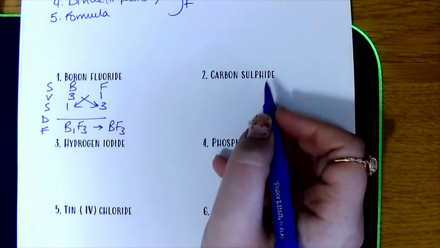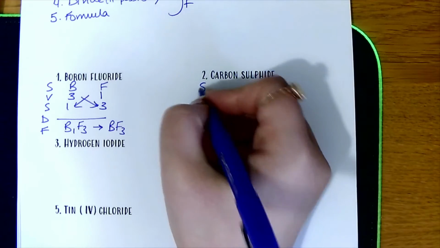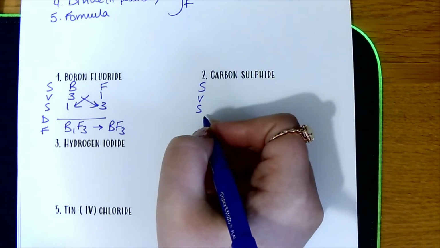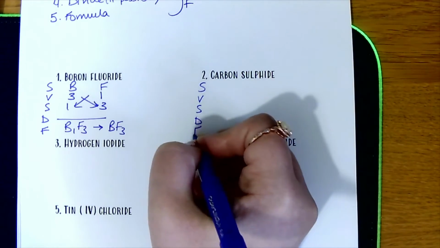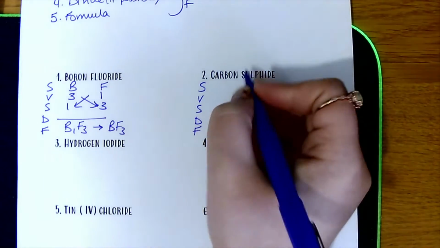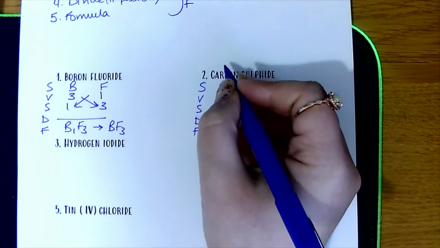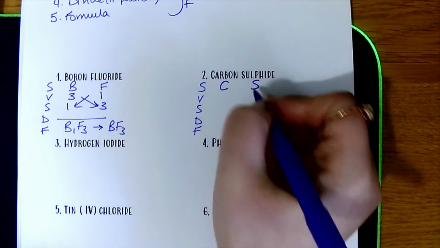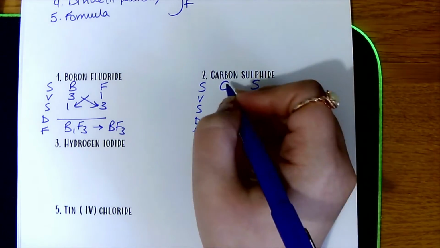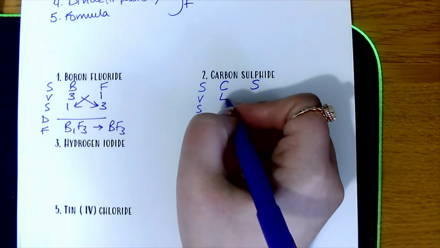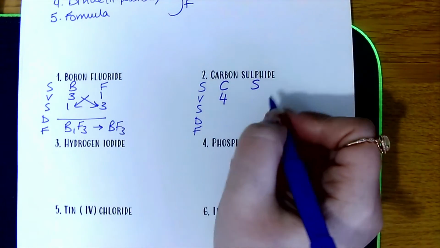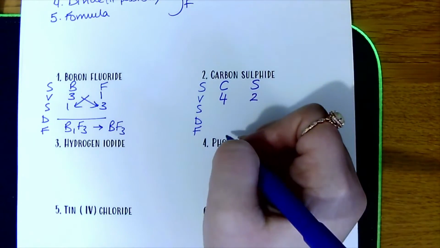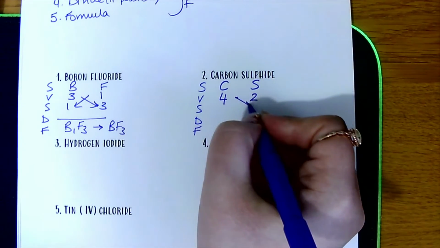Let's move on and do the same for carbon sulfide. So again, I'm going to write symbol, valency, swap, divide and formula down the side and work through these steps one at a time. Carbon has the symbol C, sulfur symbol S. Carbon is in group 4, it has a valency of 4. Sulfur is in group 6 and it has a valency of 2. You then swap these round.